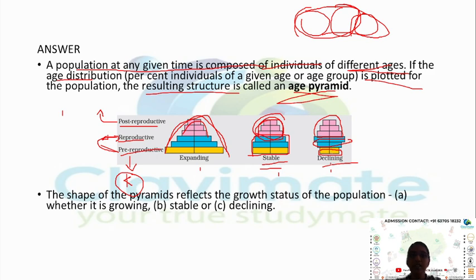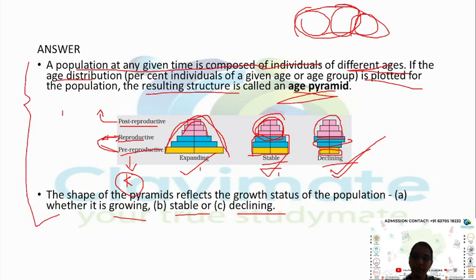So this is the declining phase of a population. This is how you estimate whether population is expanding, stable or declining. So the three phases are growing or expanding, stable or declining. These are all the points that you have to write for this question.